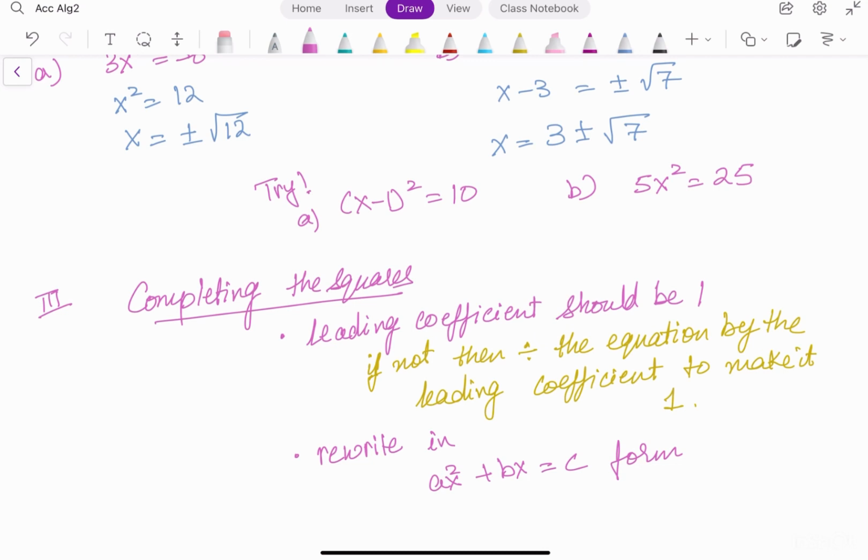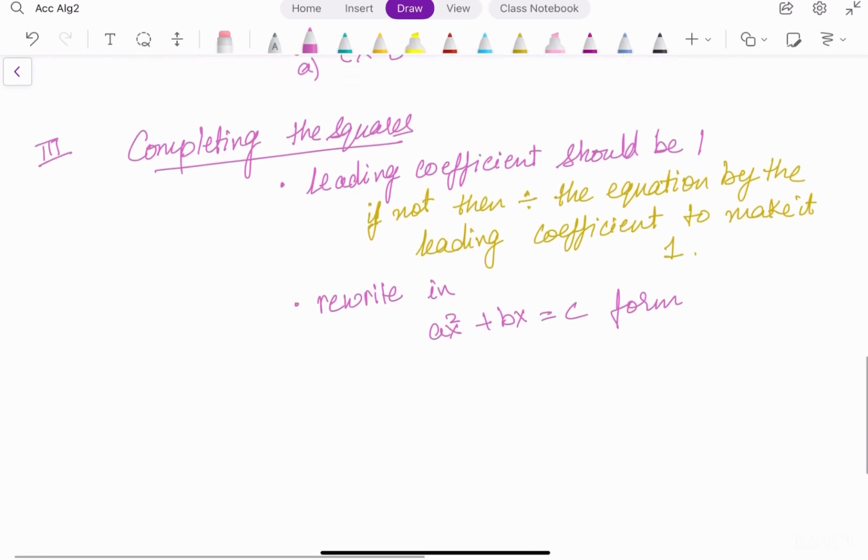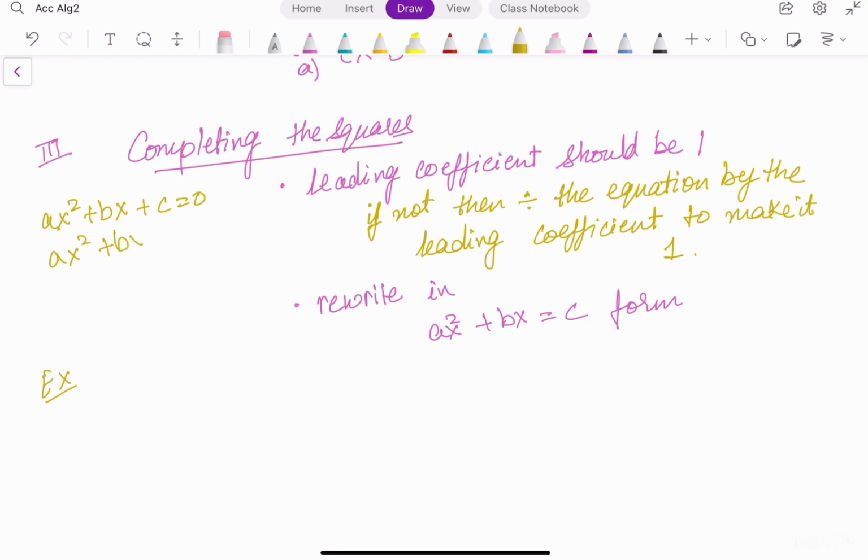So you can see I'm rewriting it in ax squared plus bx is equal to c. In the general form, we write ax squared plus bx plus c is equal to 0. We are taking c to the other side, so we take the constant on the right hand side. All the x terms remain on the left hand side. So again, ax squared plus bx plus c is equal to 0 should be written as ax squared plus bx, and the constant will go on the right hand side.